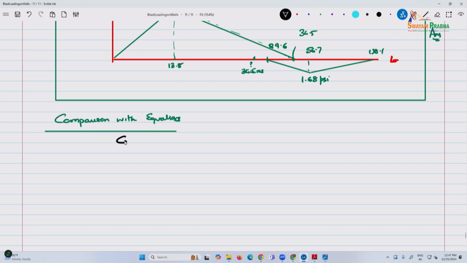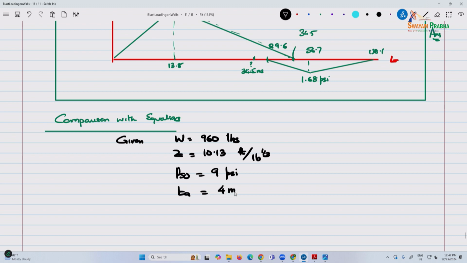We had given W was 960 pounds, Z was 10.13, PSO was 9, TA was 4 milliseconds, TD was 39.5 milliseconds.